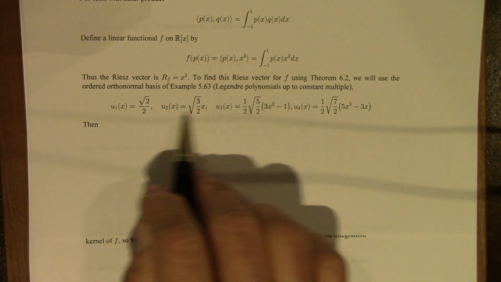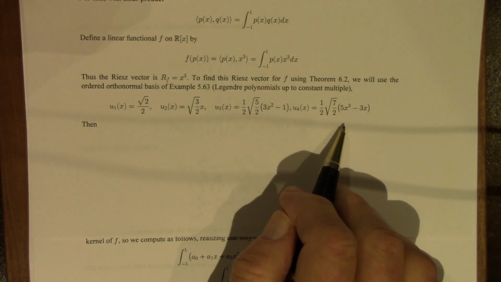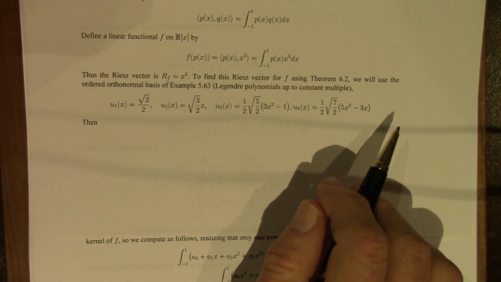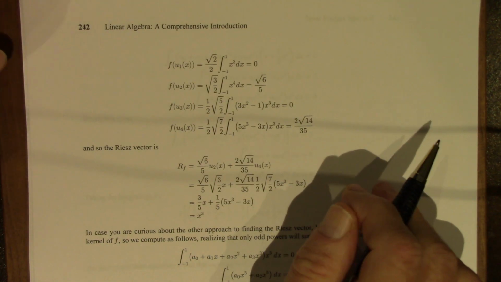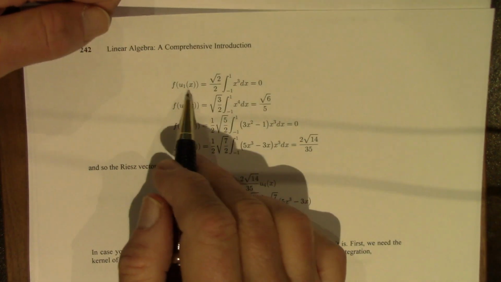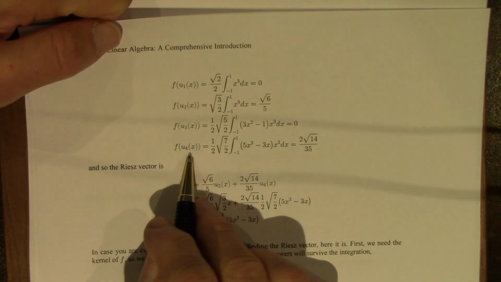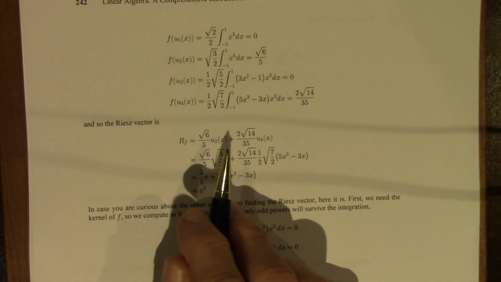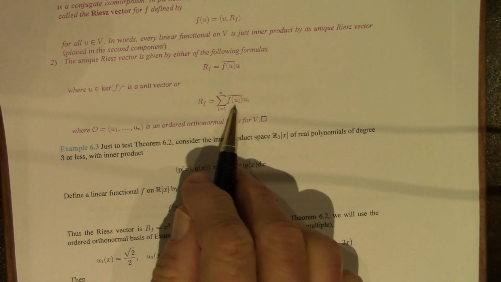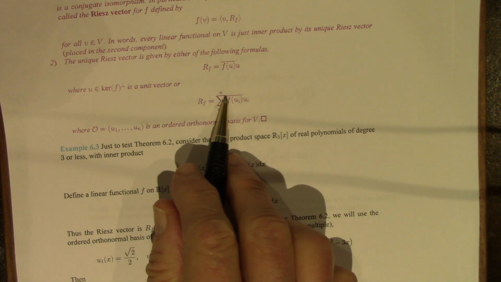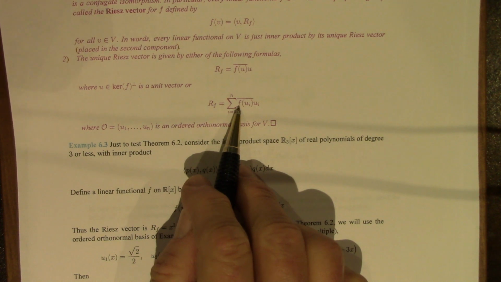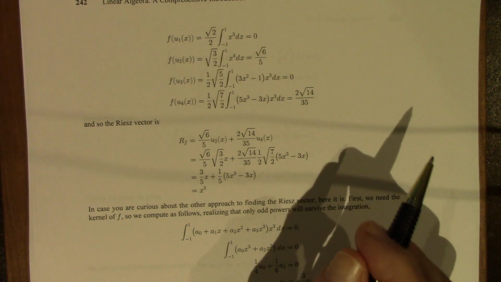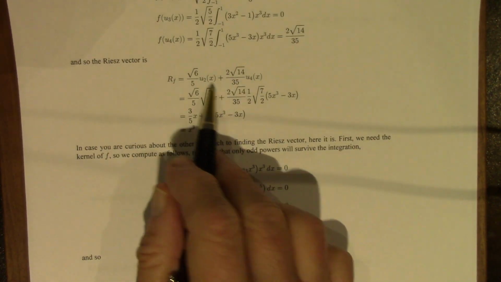They have to be multiplied by an appropriate scalar. These are unit vectors under this inner product. So here's the computation of f applied to each of these basis vectors. Remember the formula. We have to apply f to each basis vector, take the conjugate, which does nothing in this case because we're dealing with a real inner product space, and then multiply by u_i. So the Riesz vector looks like this.